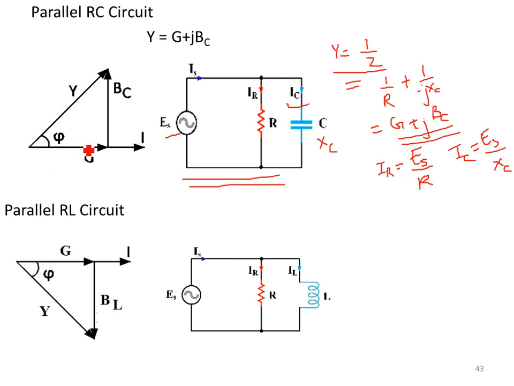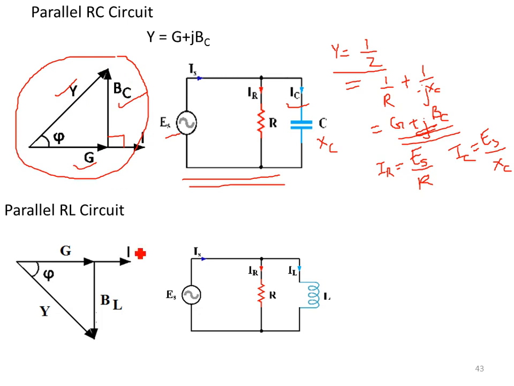In the admittance triangle, voltage is taken as reference. 1/R is conductance G, which will be in phase with the reference. BC corresponds to plus j, which means at an angle of plus 90 degrees, so BC leads by 90 degrees. The phasor sum of G and BC gives the admittance Y. This triangle is known as the admittance triangle of the parallel RC circuit. So that is regarding the parallel RC circuit.